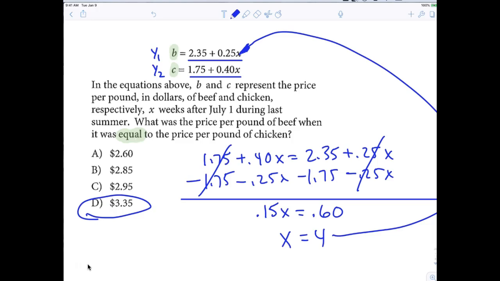You know where the calc button is? At the top. And then the intersection button is 5. And then hit enter, enter, enter, and bingo. It comes up with 4, 3.35. If you can't do that, I want to know.